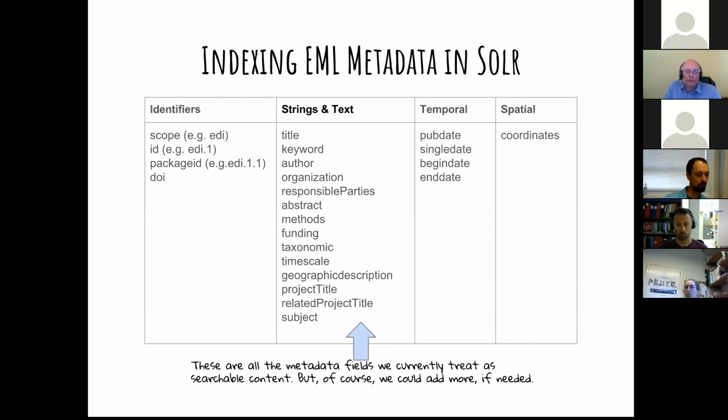The fields include a variety of different identifier values, such as the DOI, Digital Object Identifier, many string and text fields, as well as fields involving temporal and spatial criteria. I'll be demonstrating a number of examples to show how these fields come into play when composing our queries and in the XML search results that Pasta Plus sends back to us in its response.